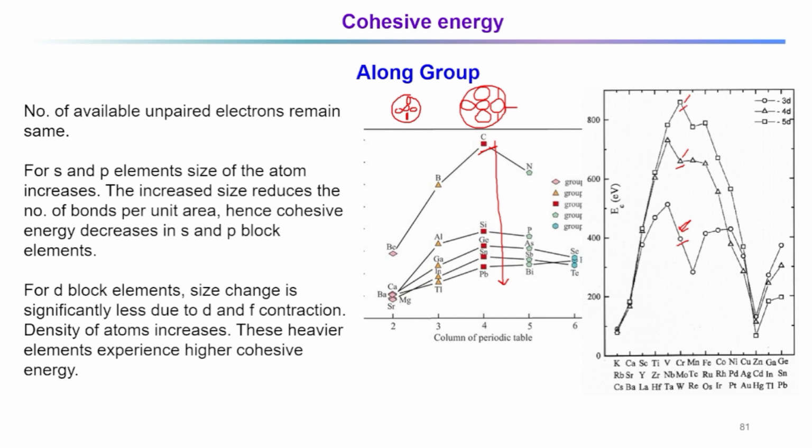So along the group we are going down, but as the atoms are becoming heavier due to D and F contraction, the cohesive energy is increasing. So here you have to remember that cohesive energy for S and P block and D block along a group runs in the opposite direction. Okay.